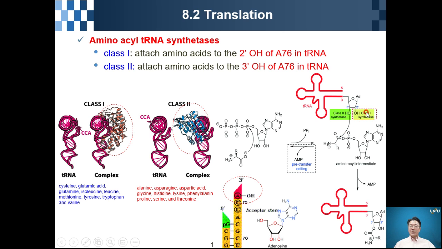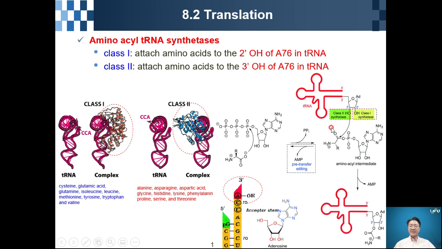This is the 76th nucleotide, adenosine, and class 1 attaches the amino acid to the 2' OH. How about class 2? Class 2 attaches the amino acid to the 3' OH. So this is the main difference.